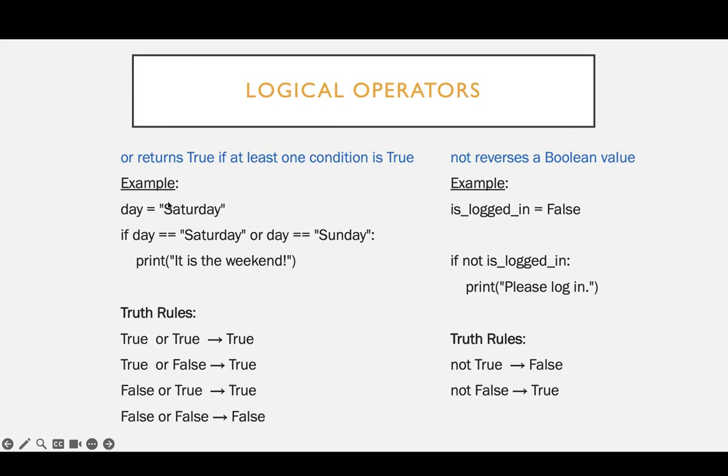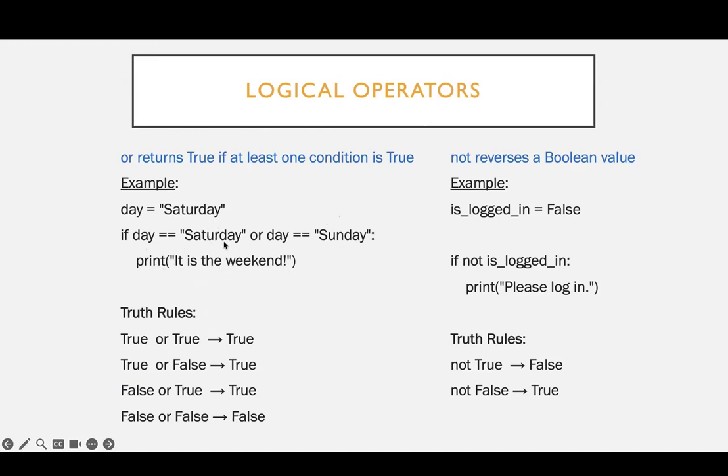Or is slightly different. Or will return true if at least one condition is met. For example, here we're assigning that the day is Saturday. This if statement basically says if the day entered is Saturday or Sunday, then we're going to print it is the weekend.